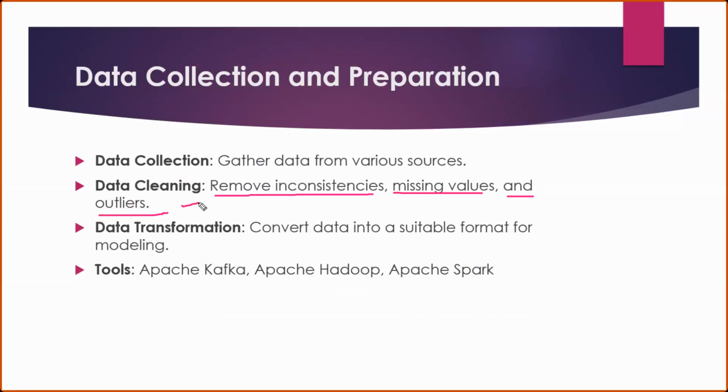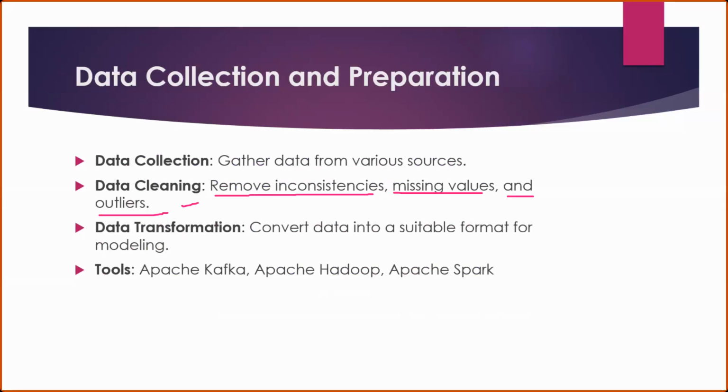Let's say a user is entering name, phone number, location, and so on, and he is not entering the right one. He just leaves one field blank. So missing values can be filled with a default, and we remove duplicate lines and also remove some inconsistent values and patterns. So that comes into data cleaning.